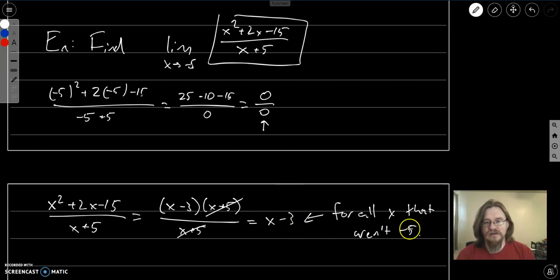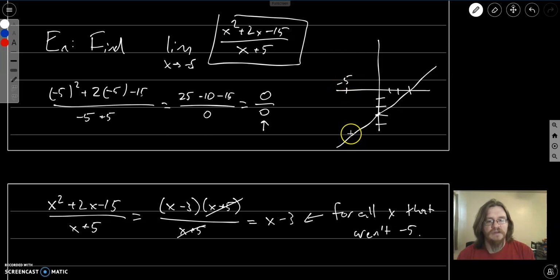which means that our rational function is equal to x minus 3 as long as x is not -5. So if I were to actually graph this, we would have x minus 3, so 1, 2, 3, and our function is going to look something like this. And then out here at -5, instead of actually going through this, we have an empty circle.